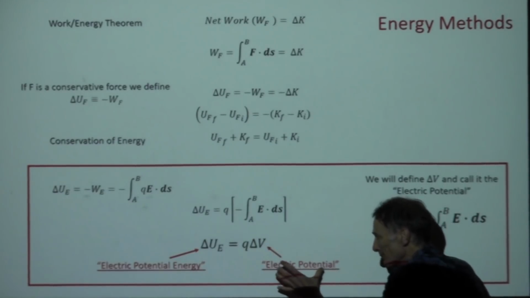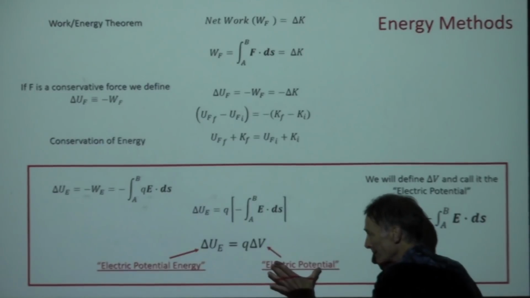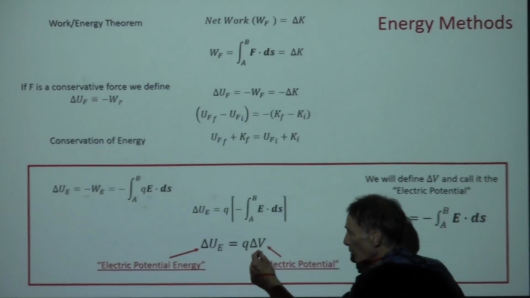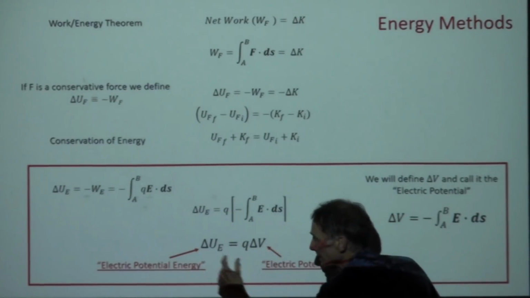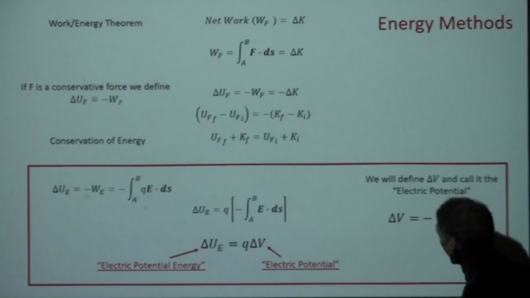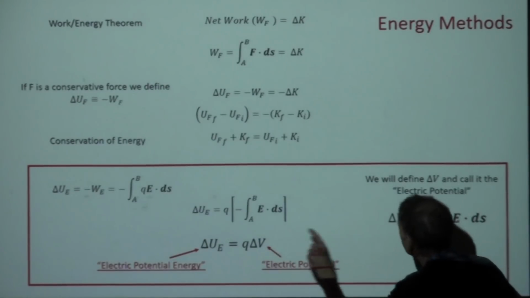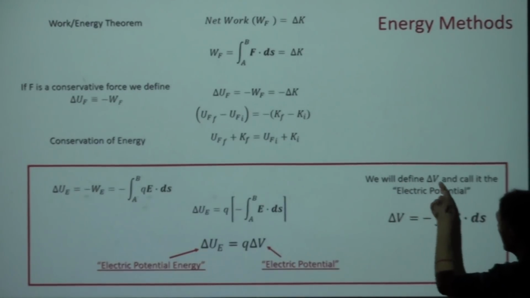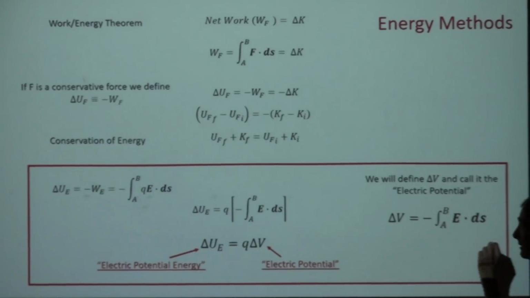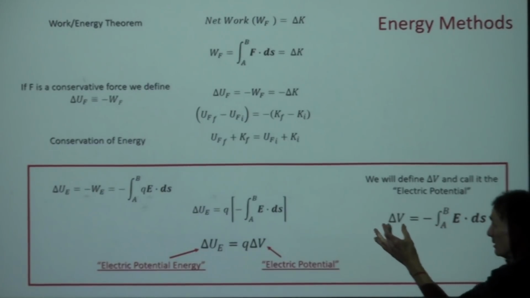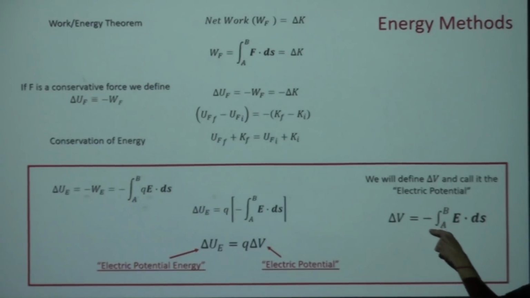We've, in a sense, done all the dirty work ahead of time, doing this nasty integral, and coming up with it, so we just put a charge q there, and then we get the total electric potential energy. And so again, the definition of what we're going to say is this delta V, calling it the electric potential, or the change in the electric potential, is going to be minus the integral of E dot ds. So that's sort of the formalism here.